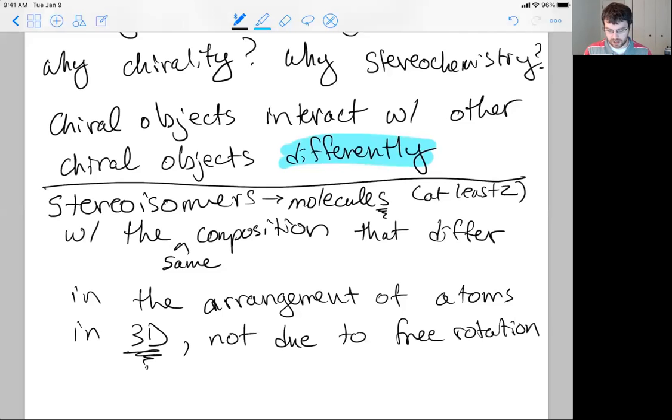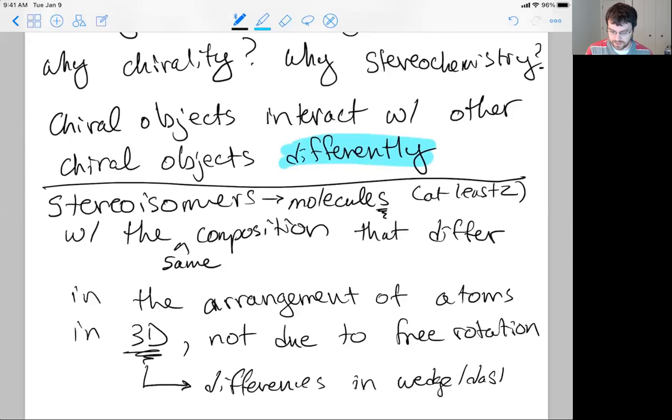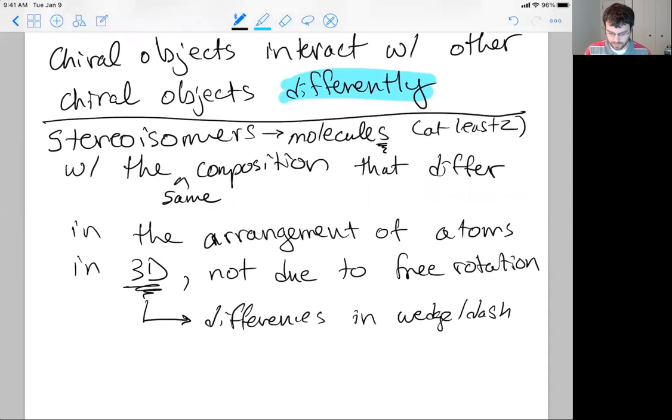Here we're talking about a stereoisomer, where we have the arrangement of atoms differing in 3-dimensional space. One way to talk about this, and it's not the only way, but it's a really helpful way as we get started, is differences in wedge and dash, and differences at stereocenters and chiral carbons.